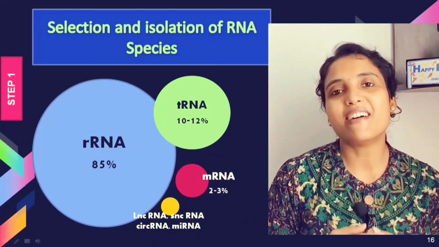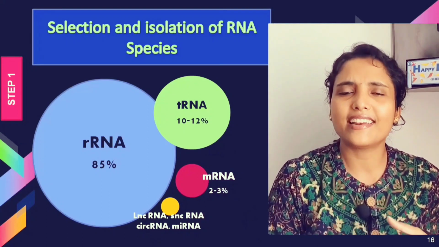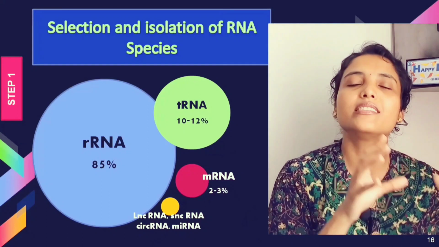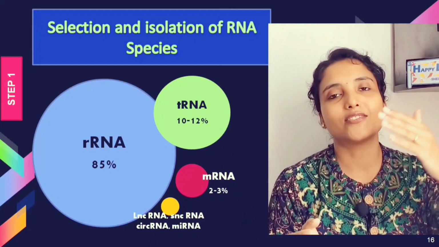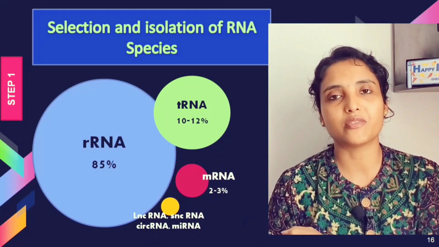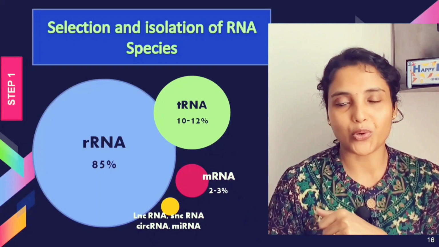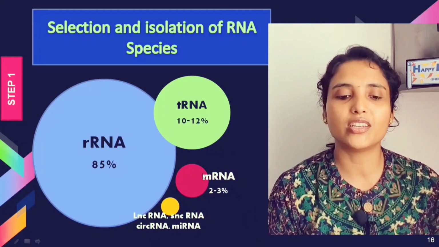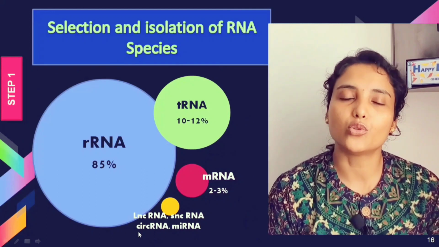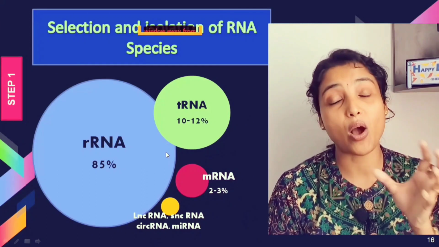mRNA is the one which almost directly gives us an indication of how much a gene has expressed, because after transcription, you get mRNA, and mRNA is what is translated into proteins. So our focus will be to isolate this mRNA out of the total RNA sample.